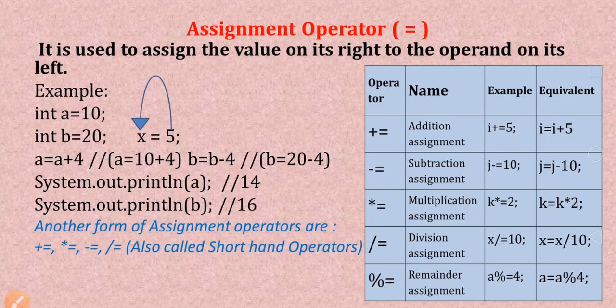Next is the assignment operator. The most useful operator is this assignment operator. It is used to assign the value on its right to the operand on its left. Here, if you see this expression, I am declaring a variable x equal to 5.